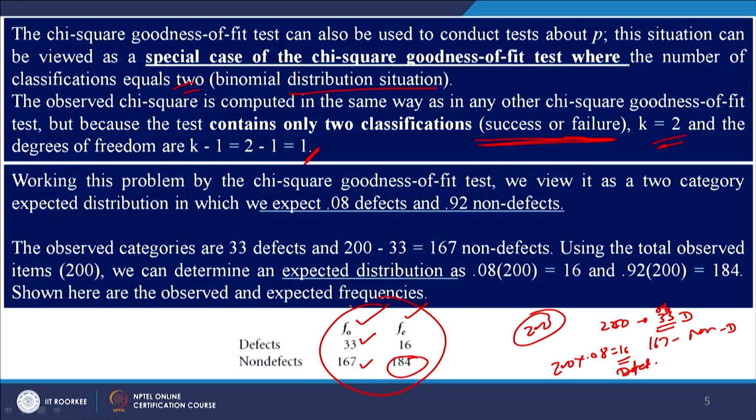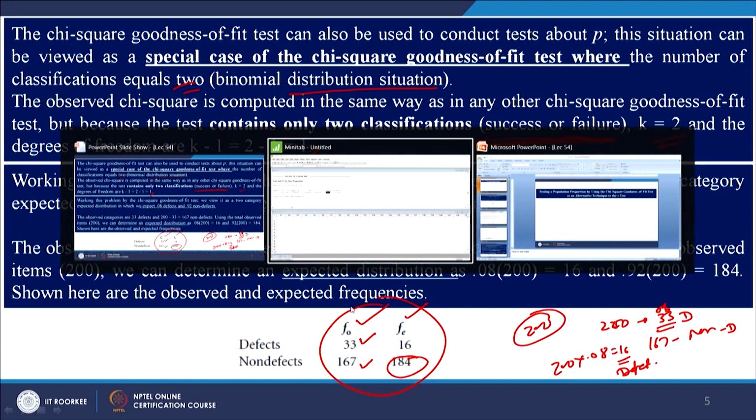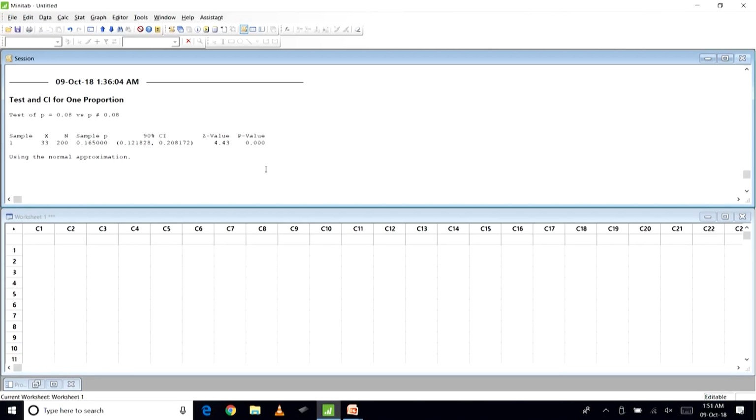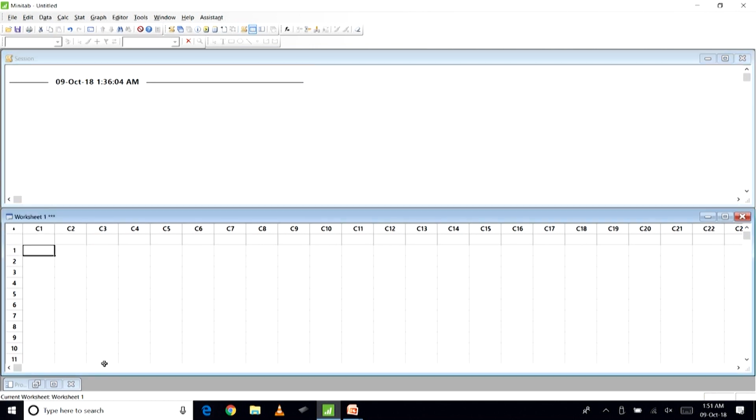So, let us look at this question first. These are the data points, and this is your software. Let us go for data entry first. You have got defects and non-defects.